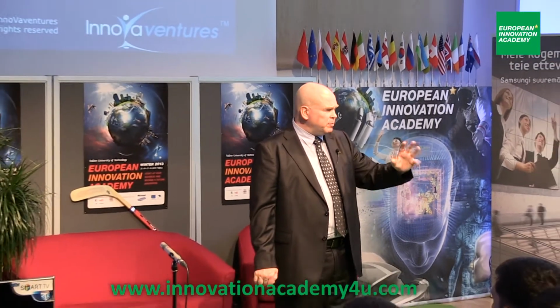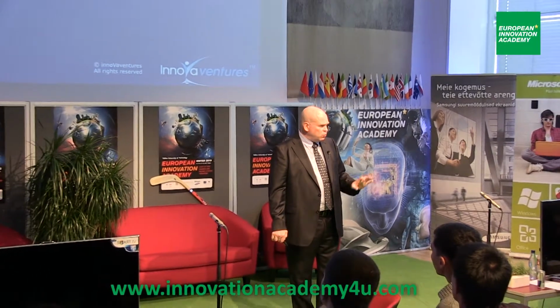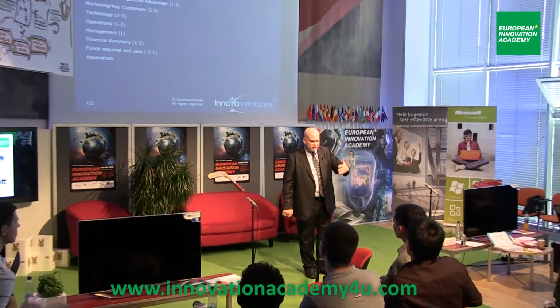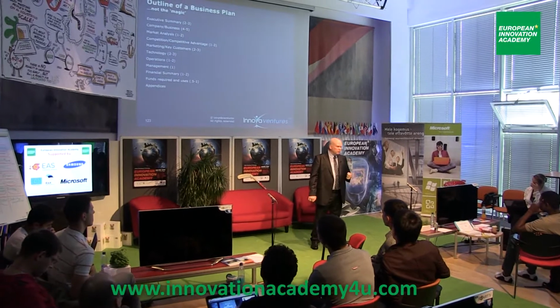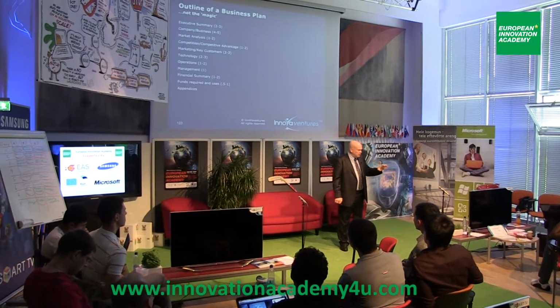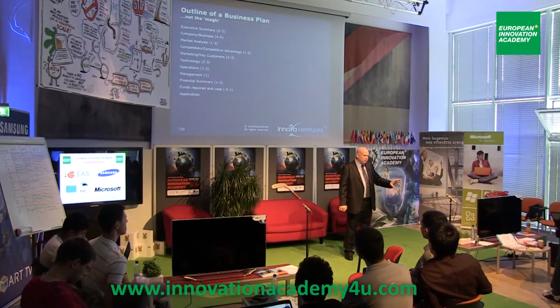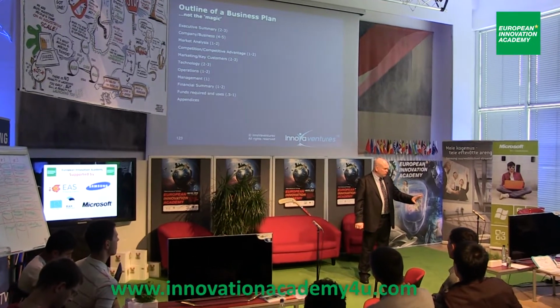This is an outline of what a business plan should look like. For educational purposes, we often work with what we call a dehydrated one, only about 4 to 10 pages altogether, just so it doesn't get too high in volume. But this is about what an investor would be looking for.